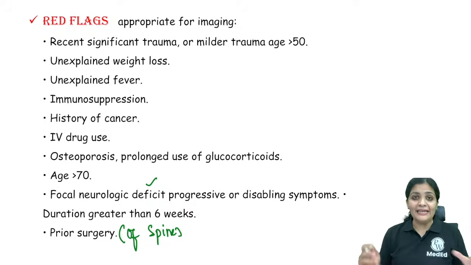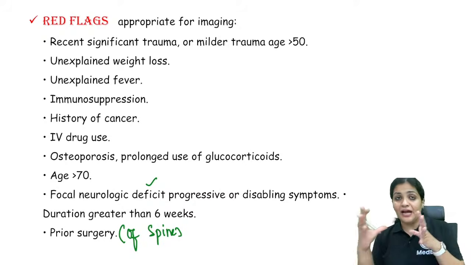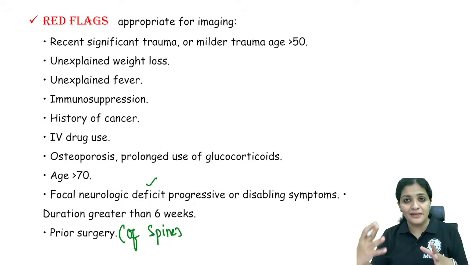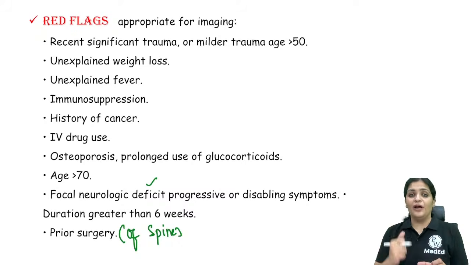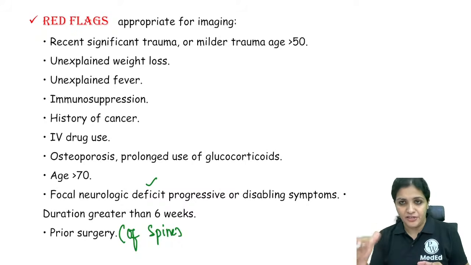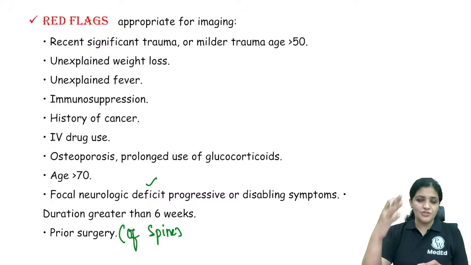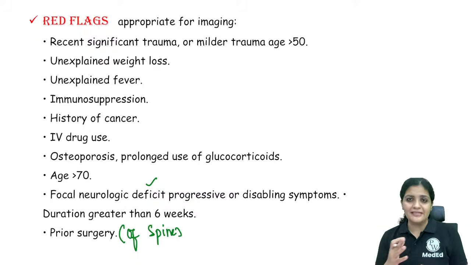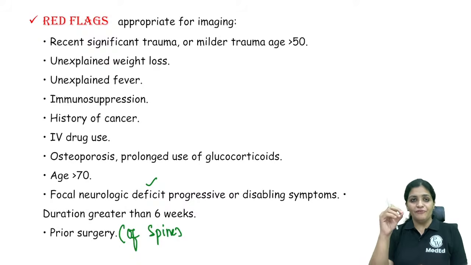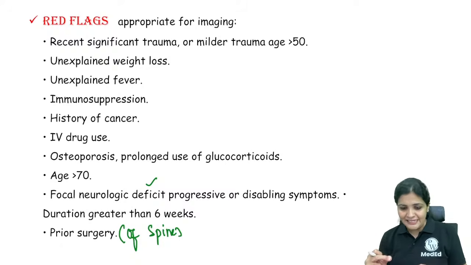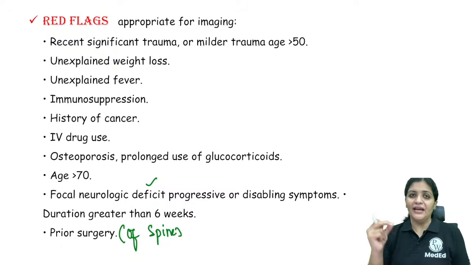All these are the red flag signs. That means you have to evaluate them more deeply, and you have to always go for imaging. If the history is not proper and the physical examination is not helping you, you have to look for these red flag signs and go for appropriate imaging.